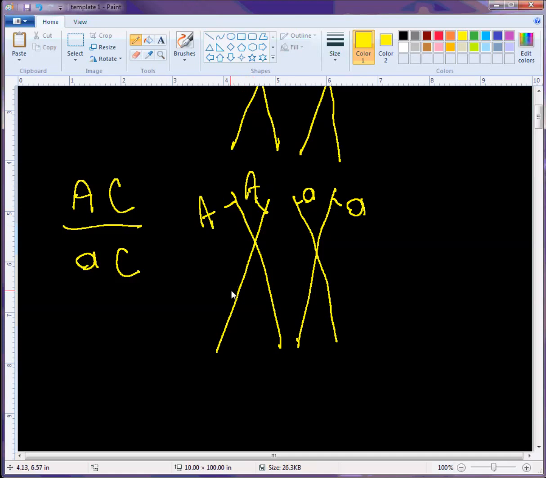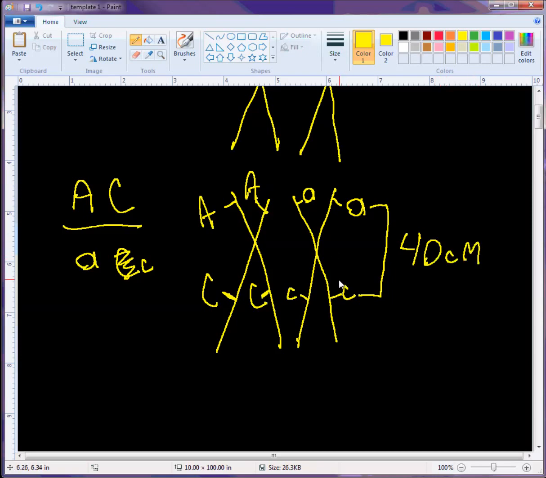And now C, I'll put C down here, and the little c's over here. One thing we can notice is that, let's say these are pretty far apart, 40 centimorgans apart.